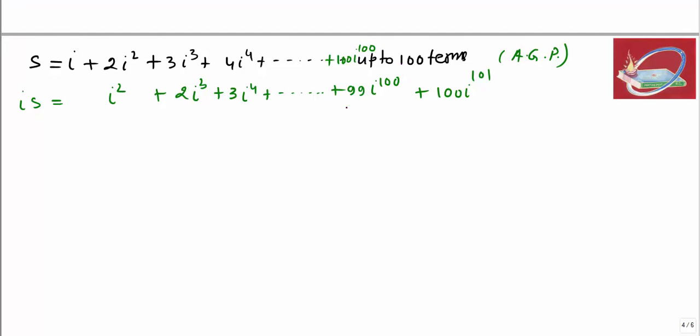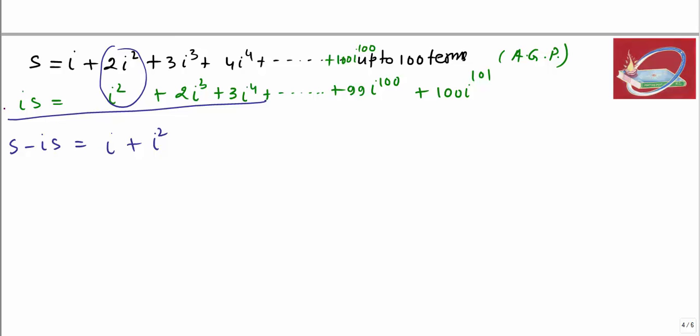Since this is an AGP, arithmetic geometric progression, we can apply the rule of AGP when calculating its sum. Let us subtract it. S minus iota s is equal to iota plus iota square plus iota cube and so on, plus iota to the power 100 and minus 100 times iota to the power 101.